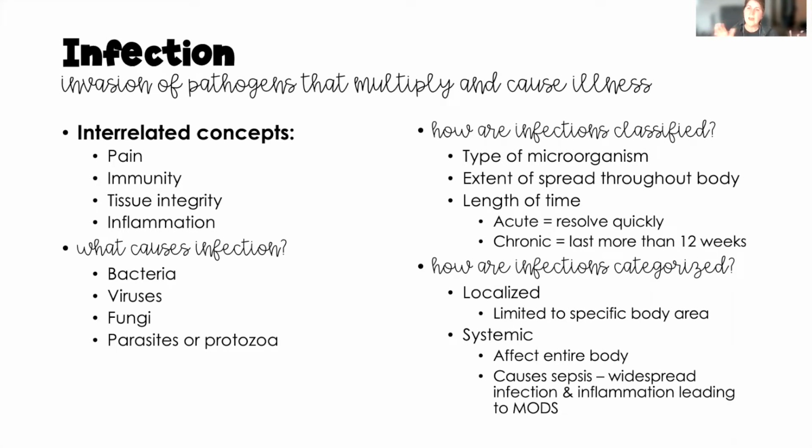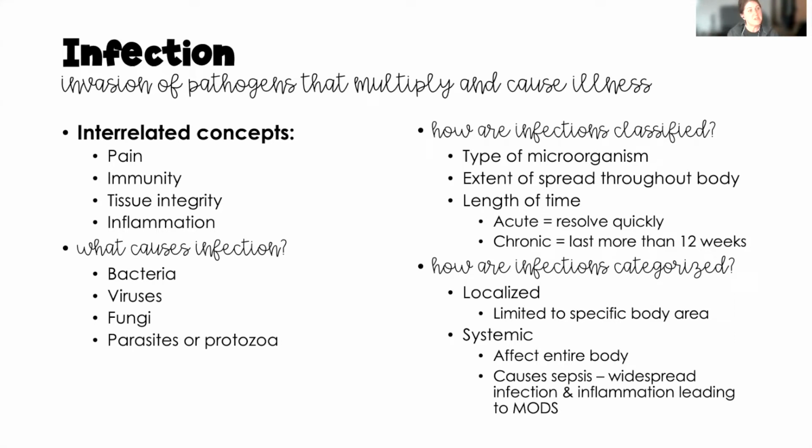So let's backtrack to localized and systemic. Now, these are words that you heard me talk about related to pain, but let's talk about them today related to infection. So localized infections are limited to a specific body area. So maybe you have an infection of the gallbladder, or an infection of the lining of the stomach, or an infection of a wound on the leg. Those are localized infections.